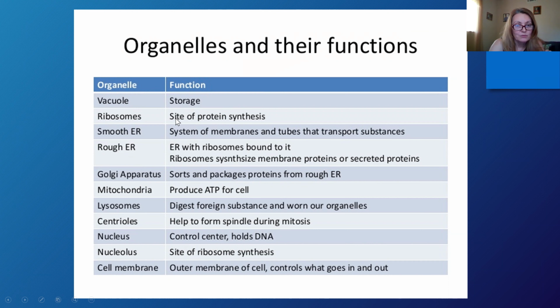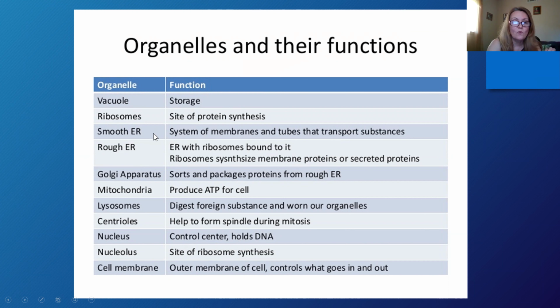And because ribosomes synthesize proteins, the function of rough ER is to assist protein synthesis, specifically those proteins that will be part of the membrane or the ones that will be secreted out of a cell. So secreted proteins or membrane proteins.